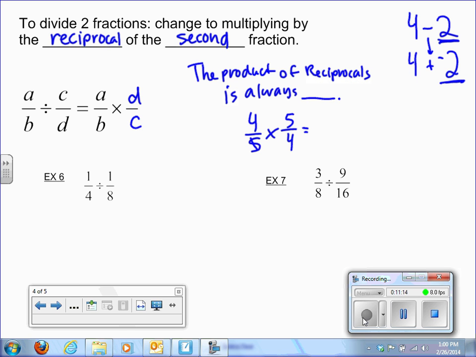Well, I simplify this. And then what else can I simplify? Olivia? 4/4. So we would get? 1. So our 4 over 4 would simplify also to 1. So any reciprocal that you multiply to itself, you're going to get 1. Always.